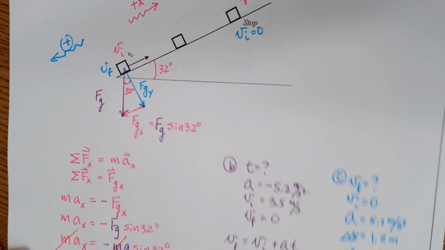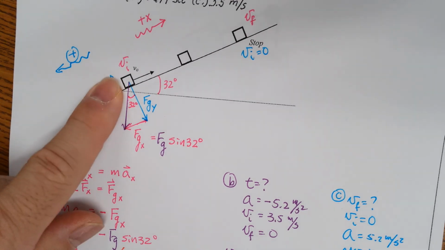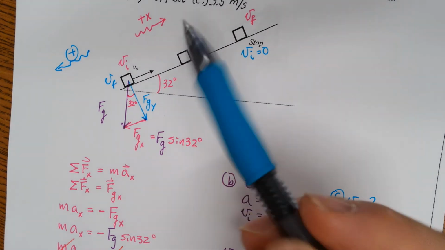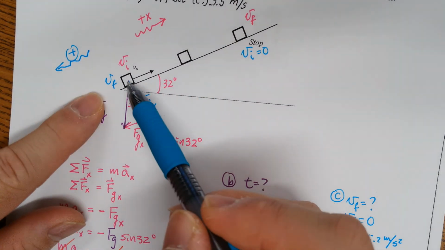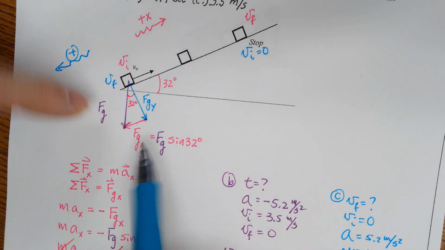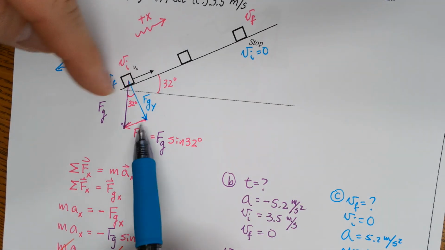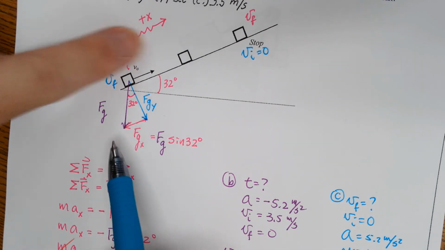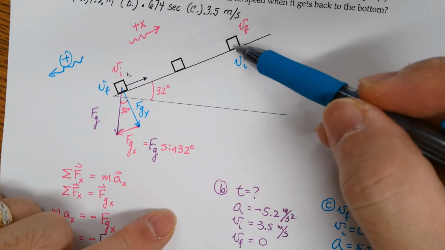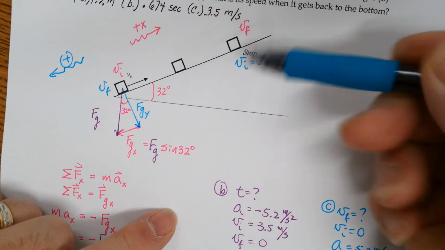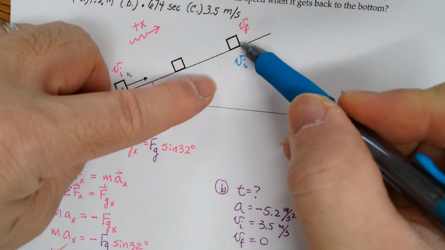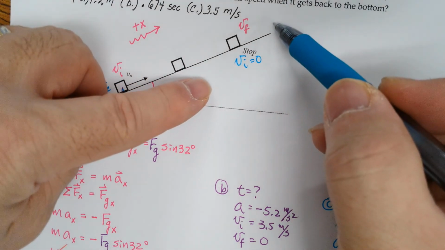Things change when you have friction. Later on, we're going to learn that friction is actually going to act down this way on the way up. So there are actually going to be two forces acting down in that negative direction on the way up. But guess what? On the way down, look what happens. Your Fg will still act down the incline, but now your friction is going to act up the incline.